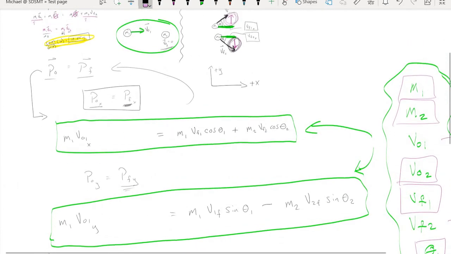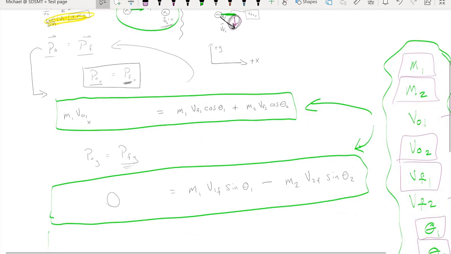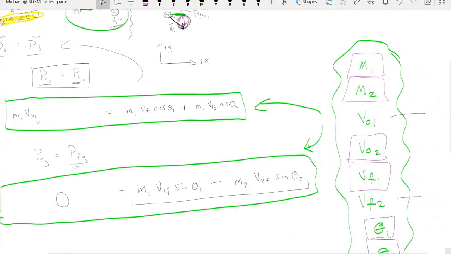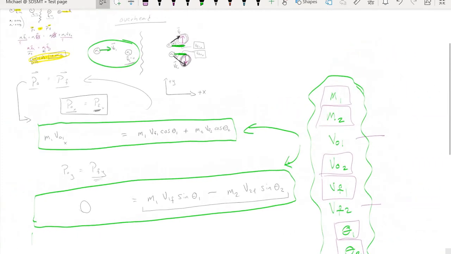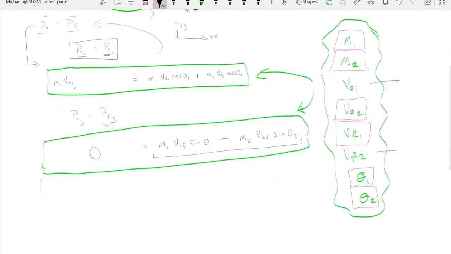We also said that mass 1 does not have any momentum in the y direction before the collision. And so we can drop that portion from the second equation. And that justifies to us that the 2 momentum components of the billiard balls after the collision have to add together to equal 0.